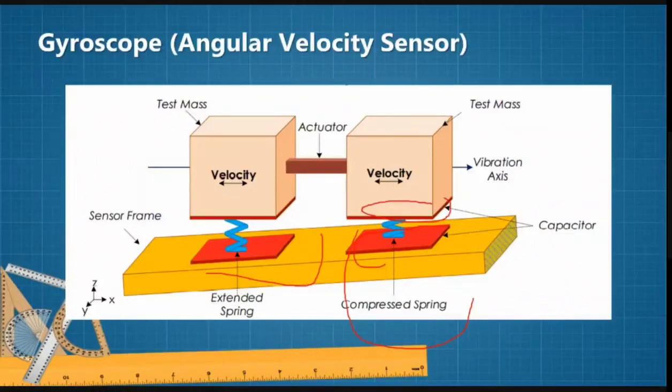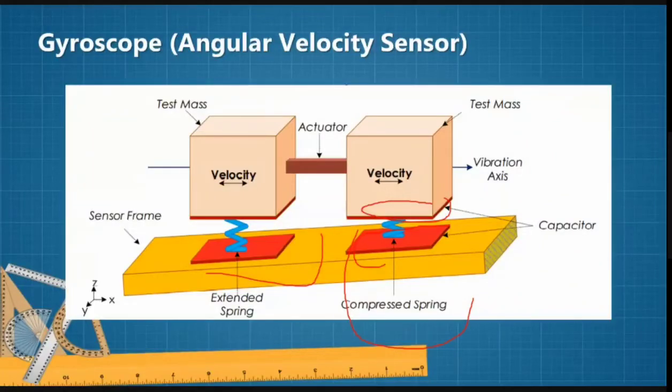If the package is in constant rotation, there will always be a different distance between the test masses and the package. It is this distance that is measured to determine the angular velocity.